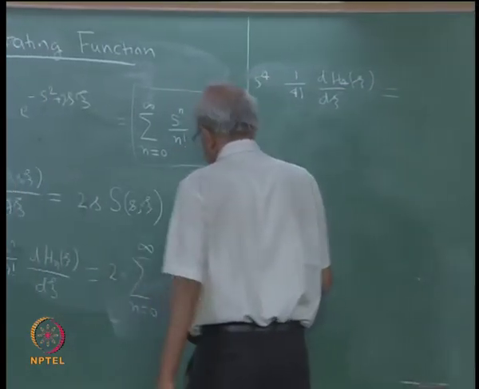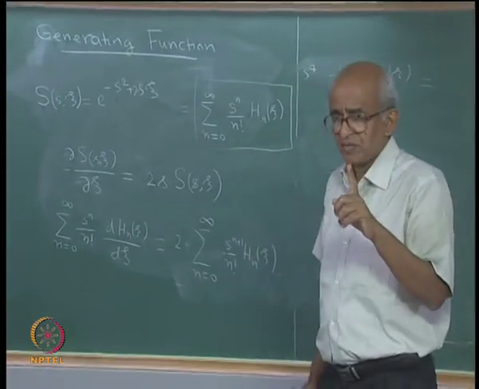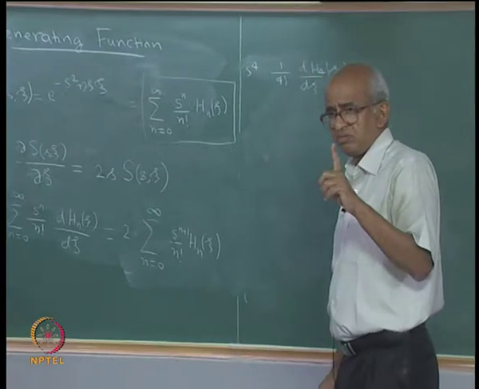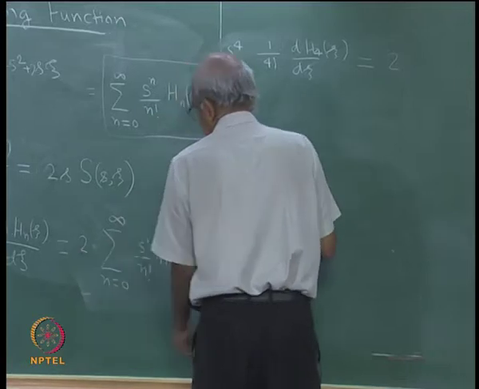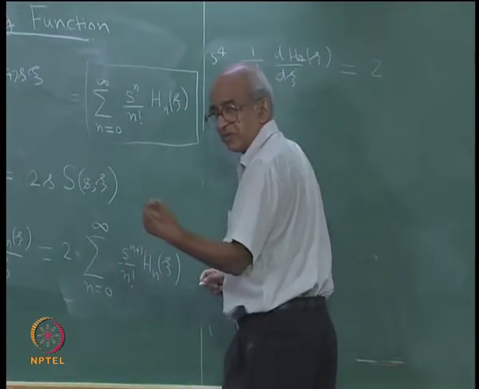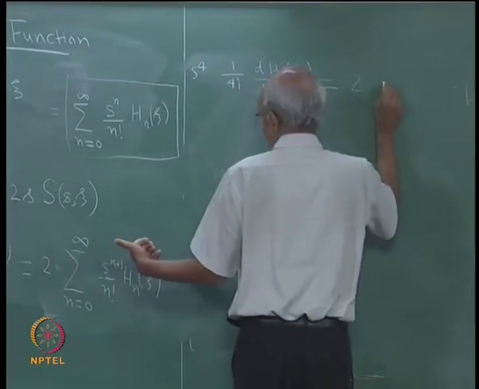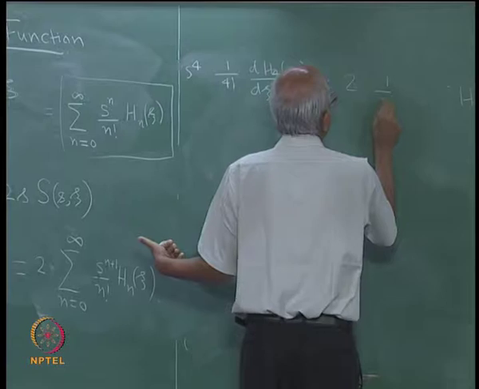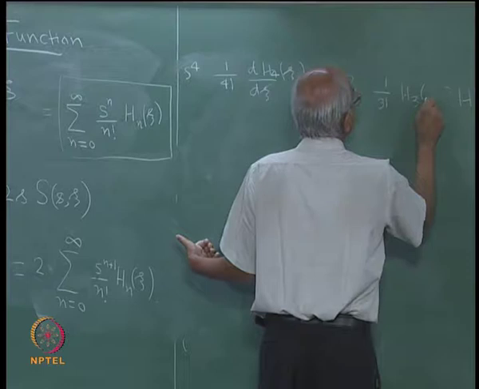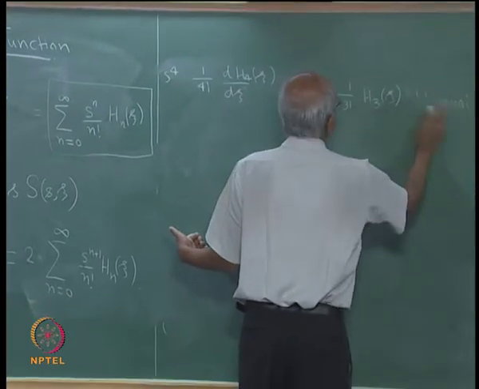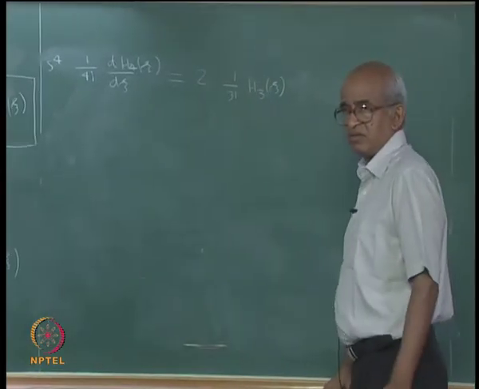What will be the term on the right hand side? Coefficient of s to the power of 4. You will get 2, and n plus 1 should be equal to 4, that means n should be equal to 3, and therefore you are going to get 1 by 3 factorial H3(c), correct.